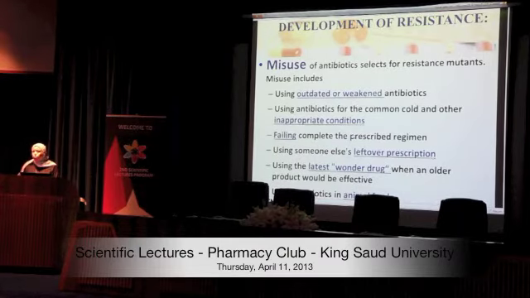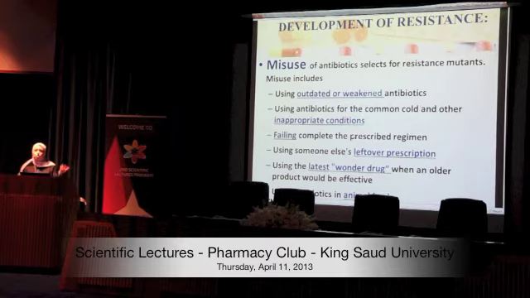Inappropriate conditions: we give antibiotics for the common cold and viral infections. Is it going to work? It's not going to work. Actually, it will just flourish the resistant strains. Another inappropriate condition is giving it inadequately. Sometimes we have a urinary tract infection.